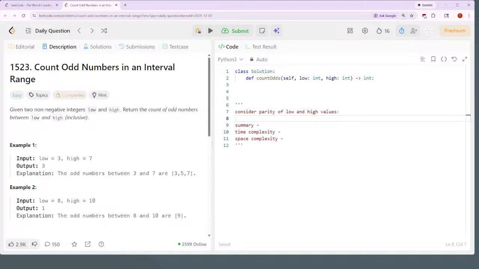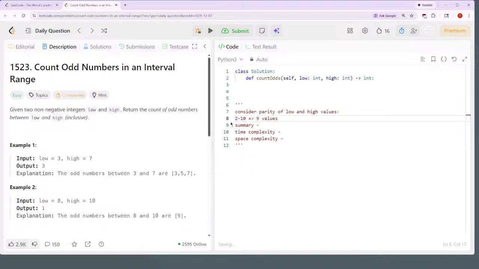Okay, let's say 2 to 10. There's going to be 10 minus 2 plus 1, which is 9 values.